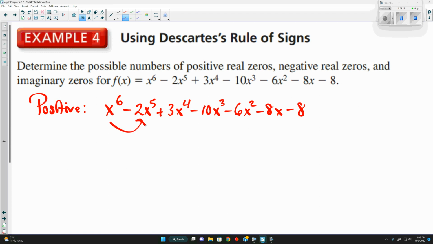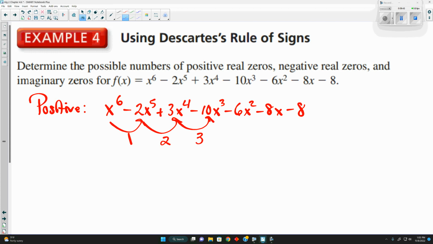So looking from x to the 6th to x to the 5th, does the sign change? Yes, so that's our first sign change. And I normally count up as we go. How about from x to the 5th to x to the 4th? So that's our second one. How about from the 4th to the 3rd?